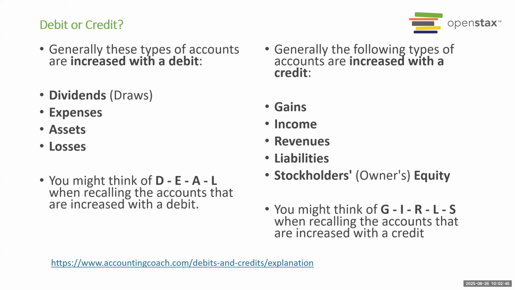The acronym they chose to use for decreasing owner's equity is DEAL: dividends, expenses, assets, losses. For increasing owner's equity, they came up with GIRLS: gains, income, revenues, liabilities, and stockholders' equity.